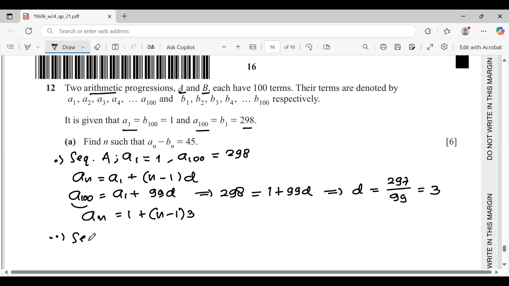Second, sequence B. For sequence B, B1 equal 298 and B100 equal 1.